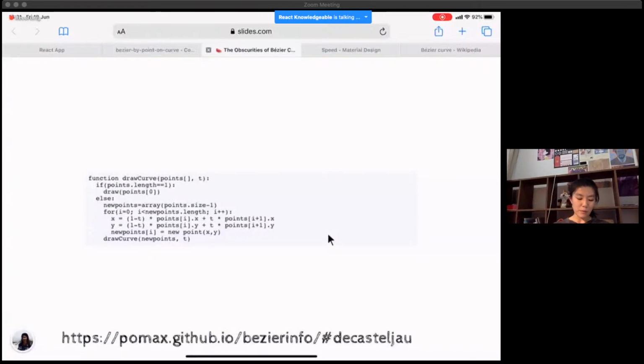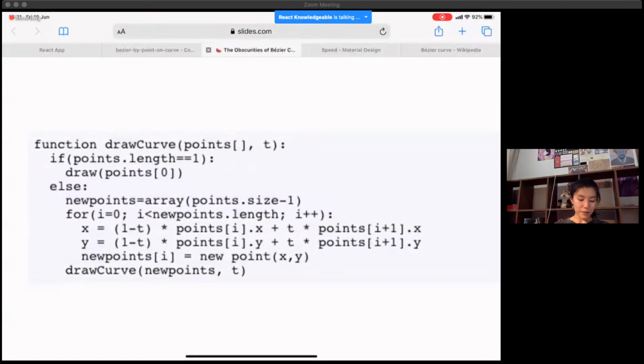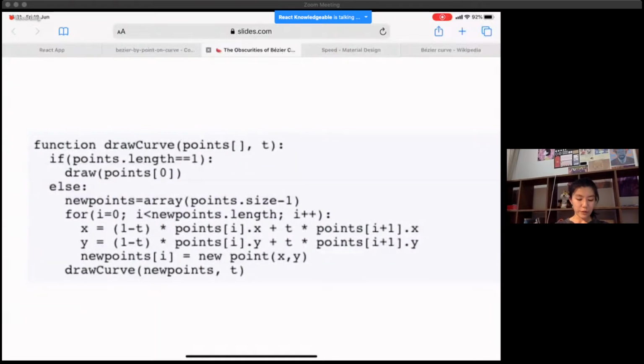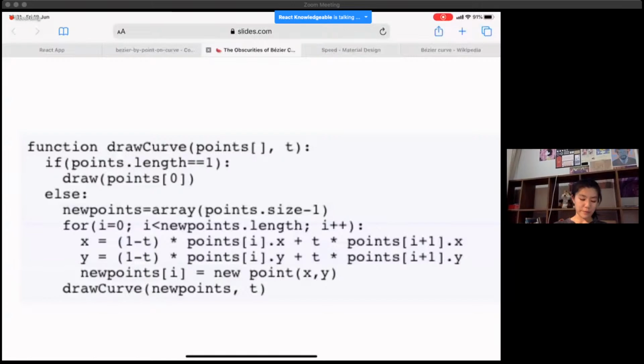So I think in this version, the function naming can be a bit confusing, but draw curve takes a bunch of points. These are your control points, and it's also a function of t. So when we draw the final Bézier curve, what happens is if we are left with only 1 point, that means we have found our final point on the curve, and so we draw that point.